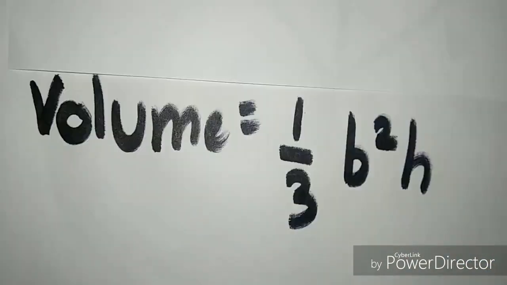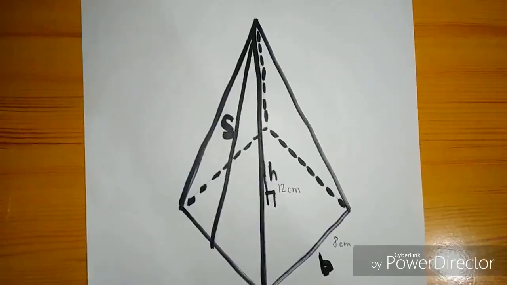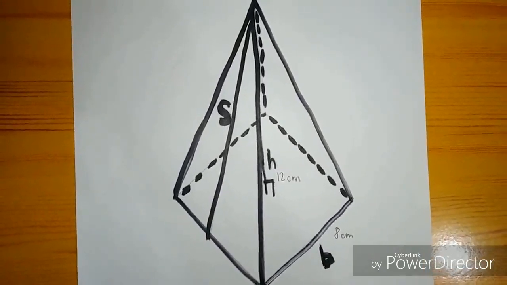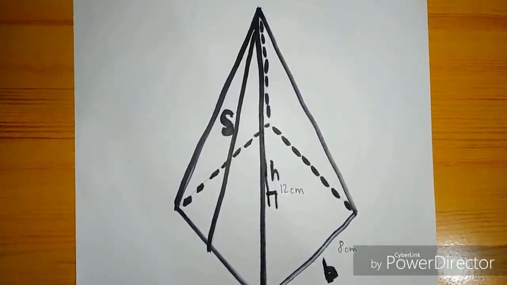And finally, the last example of our spatial figure is the pyramid. And let's get its volume using the formula 1/3 multiplied to b squared multiplied to its height. So in this example, our base will be 8 centimeters and our height will be 12 centimeters.